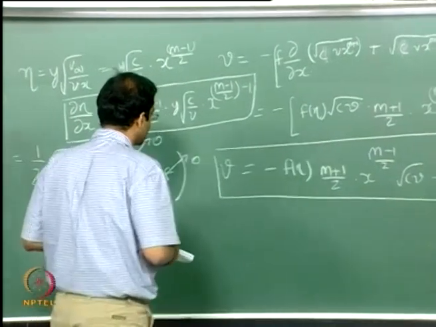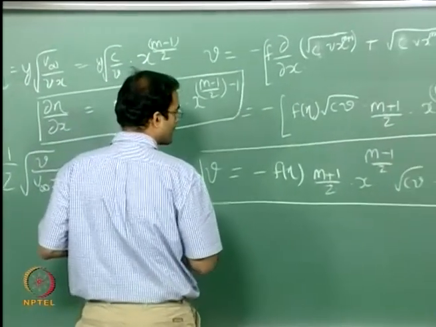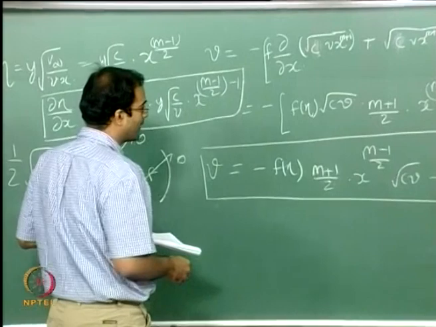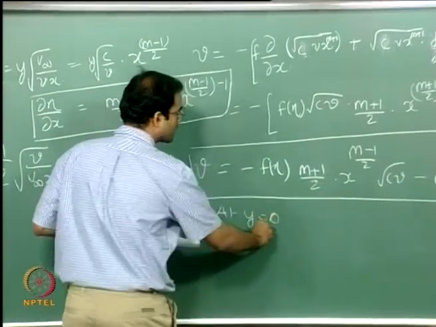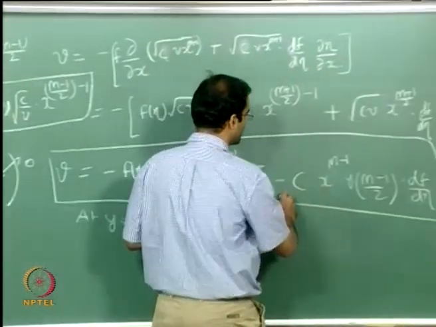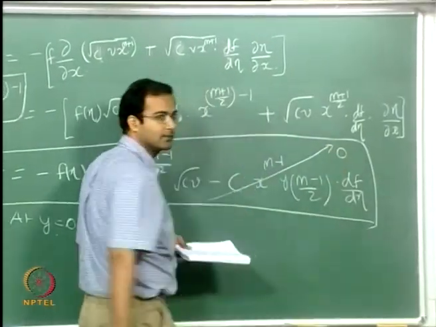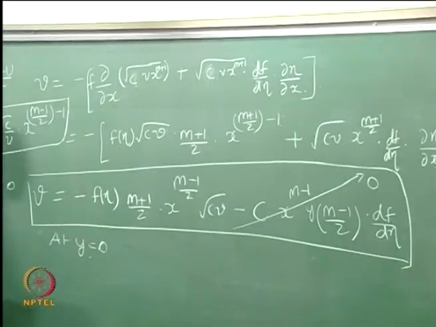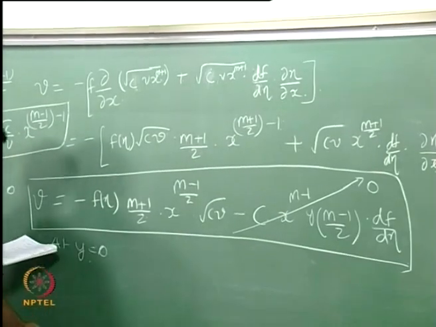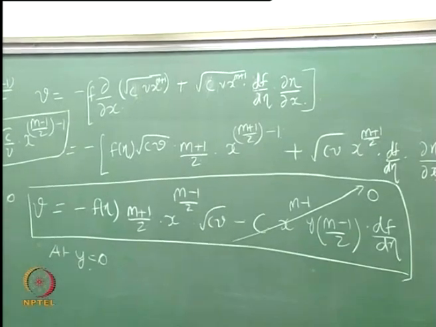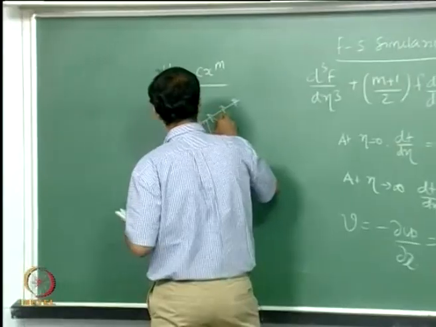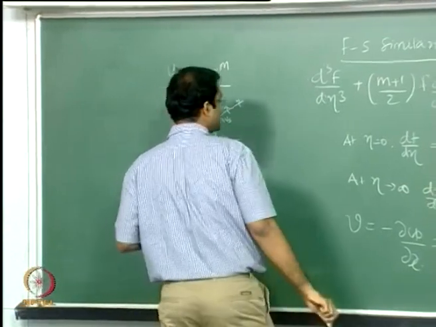So now at the wall your y equal to 0, right? So what happens, this entire term disappears. Okay, so therefore at y equal to 0, let us call the vertical velocity for transpiration as some v small s.